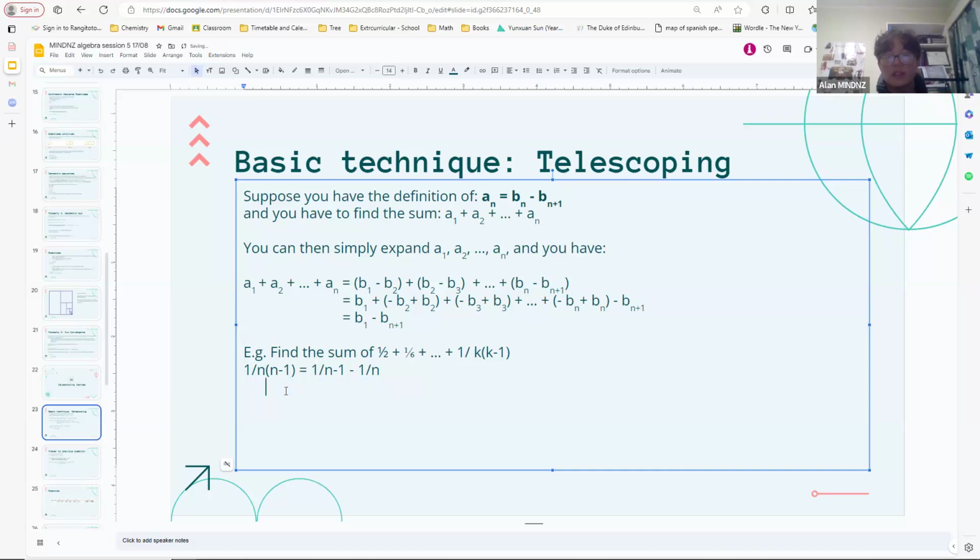So now we seemingly have the sequence a_n equals b_n minus b_(n+1) in the form of 1 over n minus 1 minus 1 over n.